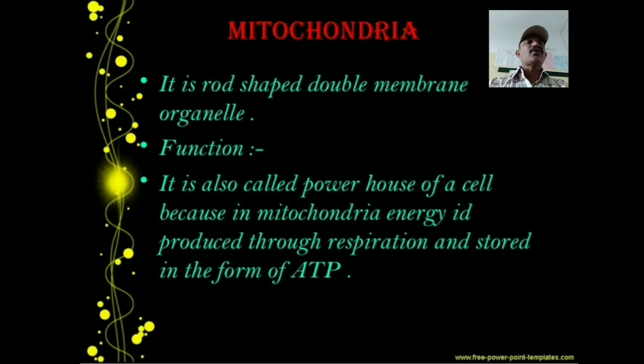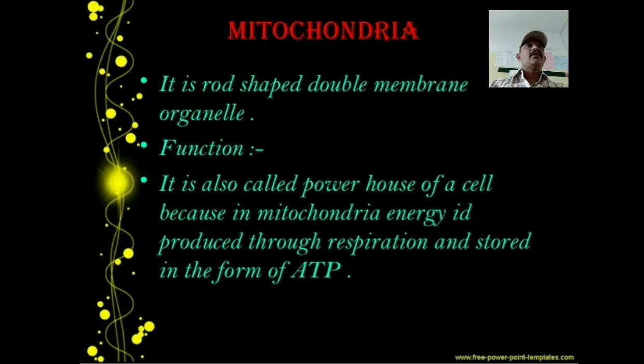So what are the functions of the mitochondria? Do you know? The first function is that it is called the powerhouse of the cell, because in mitochondria energy is produced through respiration and stored in the form of ATP. The blood carries oxygen and supplies it to all parts of the cell, including mitochondria.